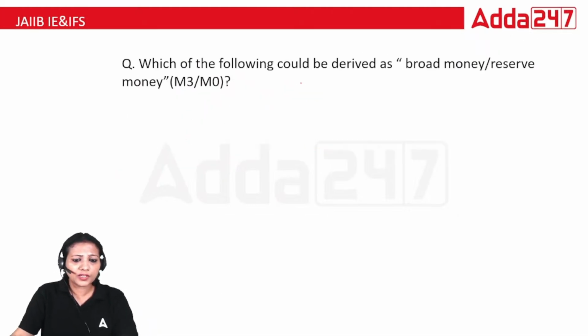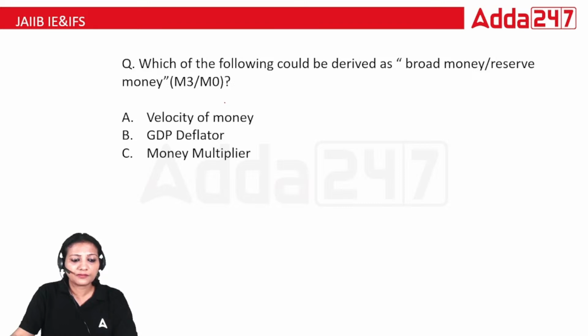Which of the following could be derived as broad money divided by reserve money? Velocity of money, GDP deflator, money multiplier, or none of these? We have seen the definitions of broad money and reserve money today itself.